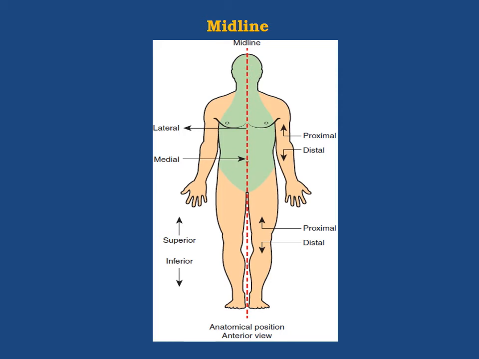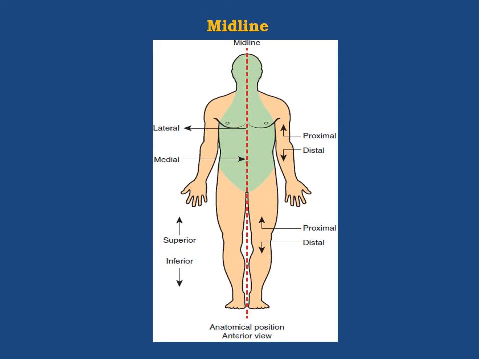Transverse or horizontal. Horizontal plane. Transverse plane or horizontal plane, which cuts the person into two parts, upper and lower. Okay, upper portion or part and lower portion or part.